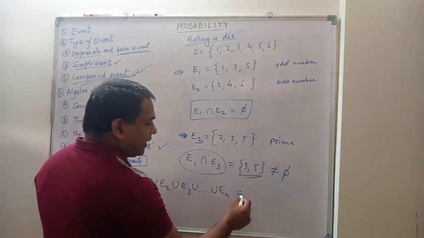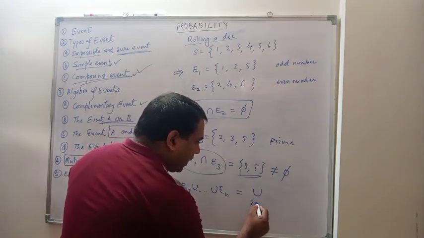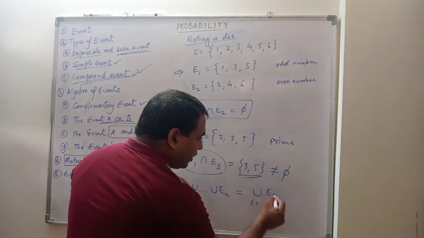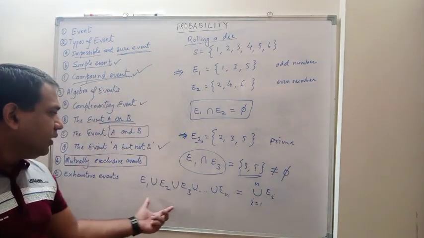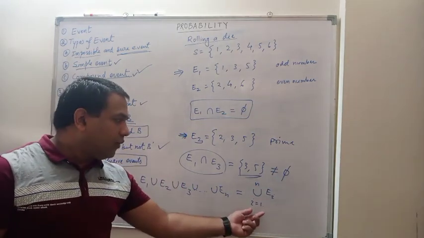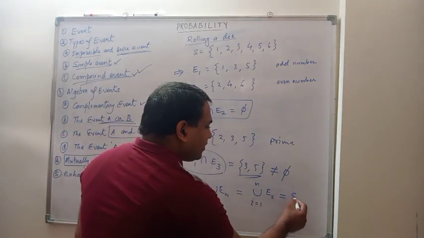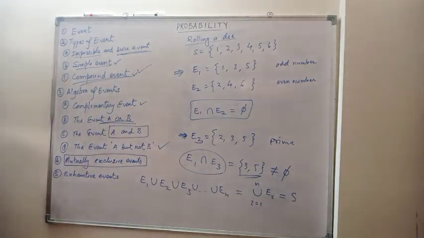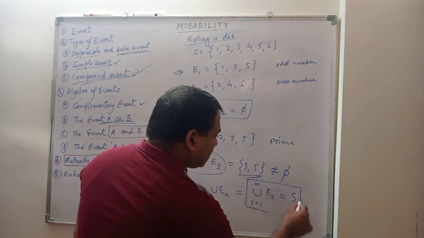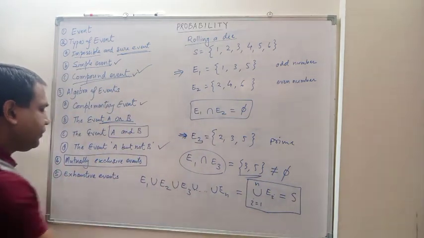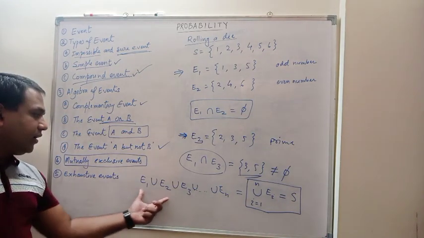Then we can write the union of Ei from i equal to 1 to n. So now it will become the sample space. Then we say that these events are known as exhaustive events.